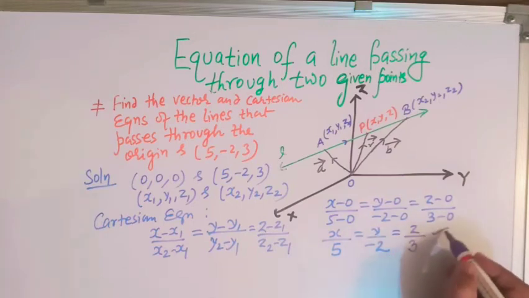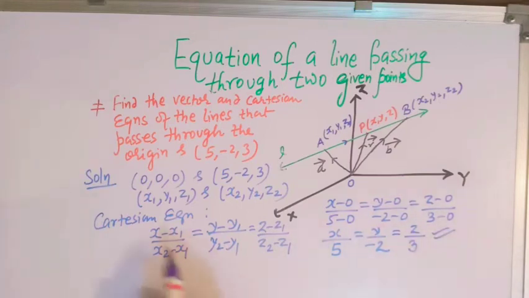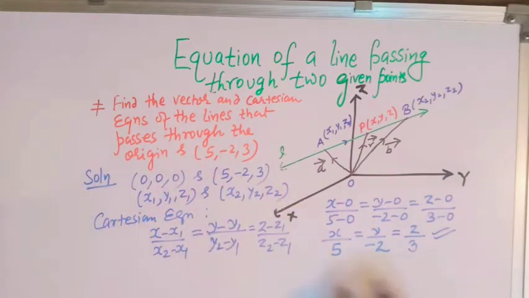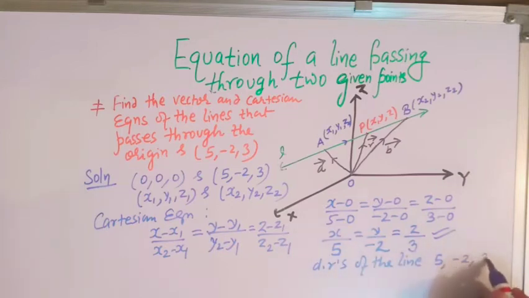So this is the Cartesian equation of the line, right? And here the direction ratios of the line are 5, minus 2 and 3, right?